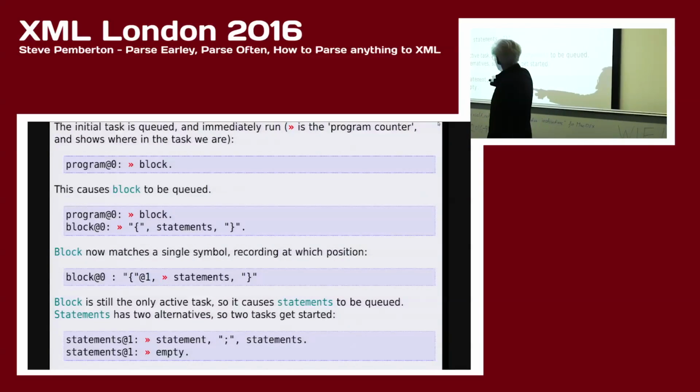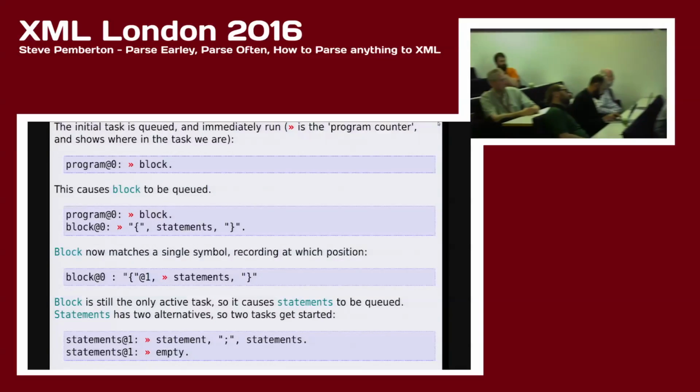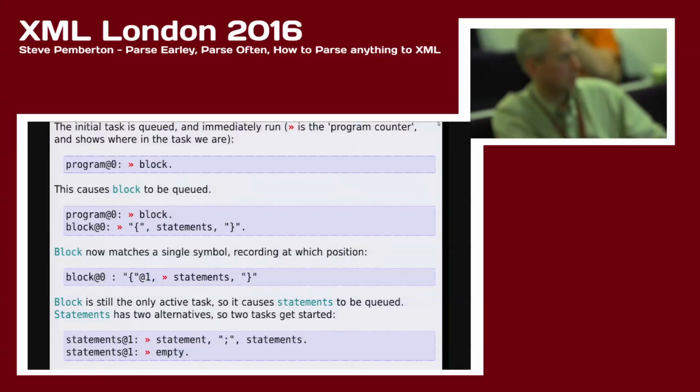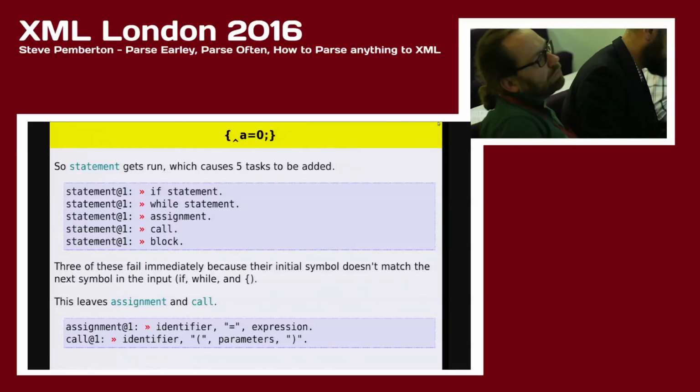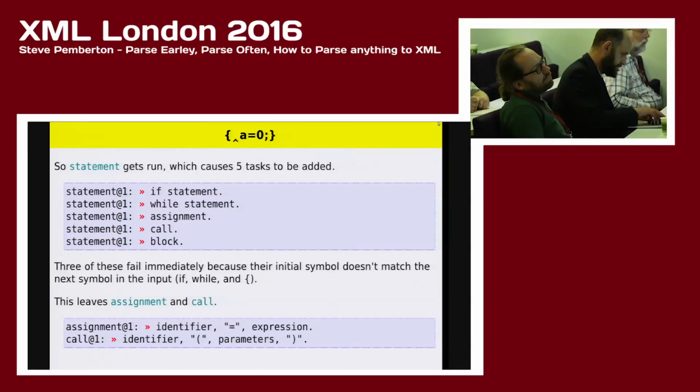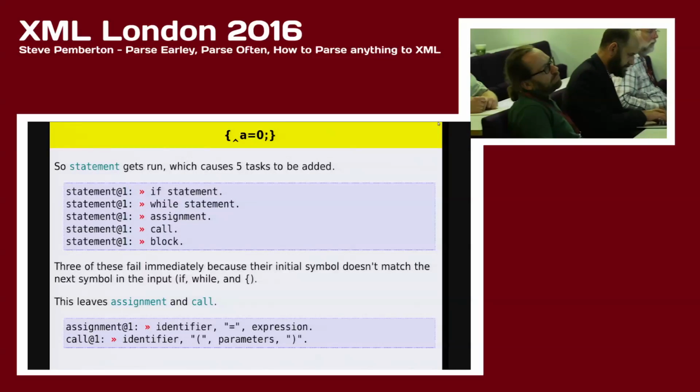Statements has two options, so this and this. We're just going to look at the progress of the top one. So statement gets called. It starts 5 tasks, one for each of its possibilities, including assignment, which you will remember starts with identifier, and call starts with identifier.